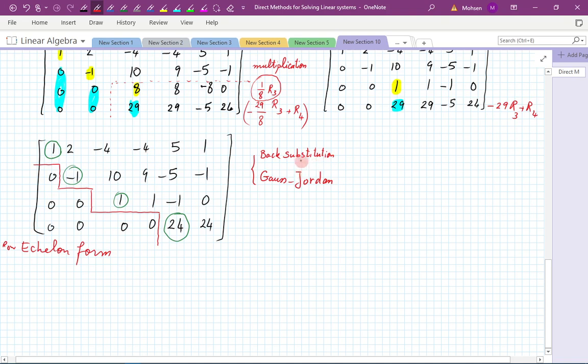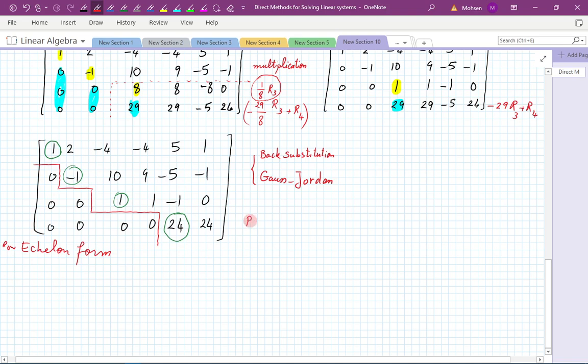But that back substitution that we want to do essentially boils down to eliminating some of these entries above here. So why not go ahead and eliminate them first and then solve? And that's what the idea of Gauss-Jordan is. So Gauss-Jordan says, well, let's go ahead and start to clean up and eliminate.